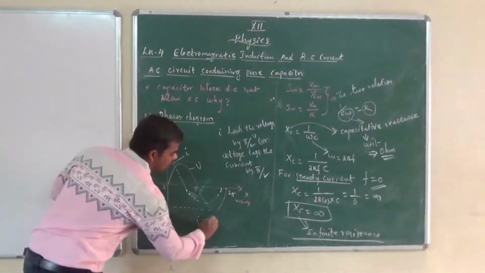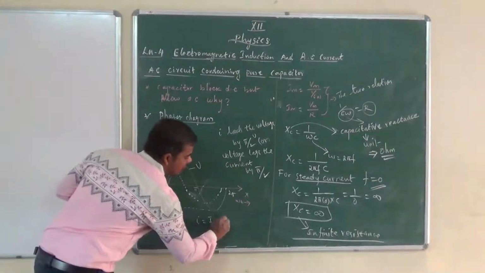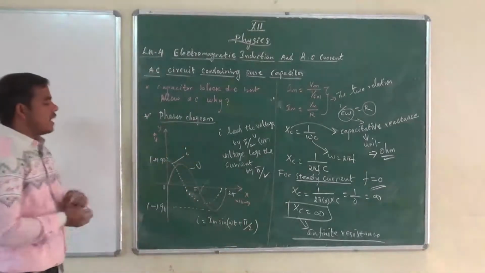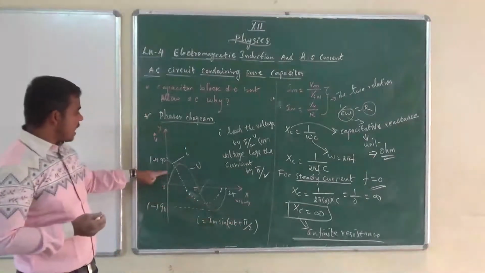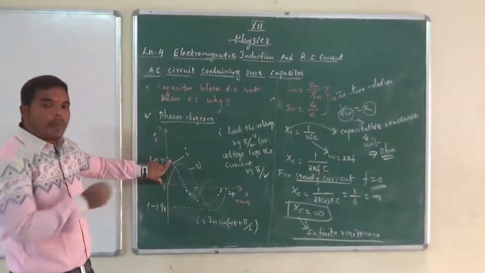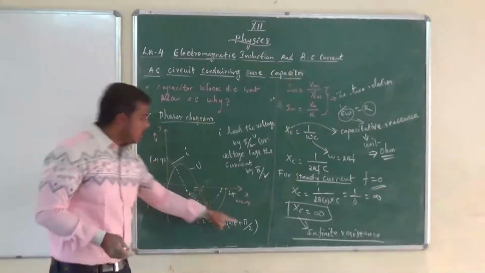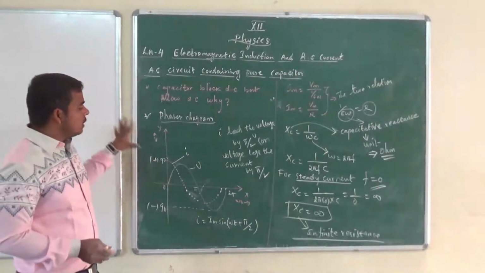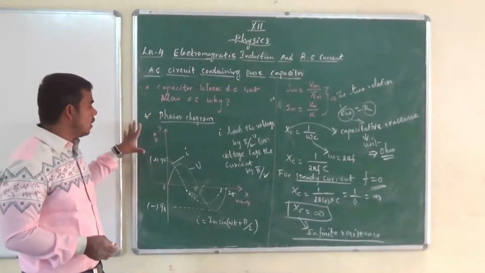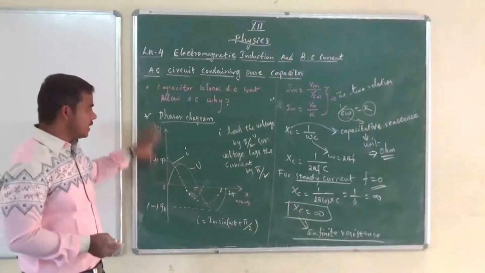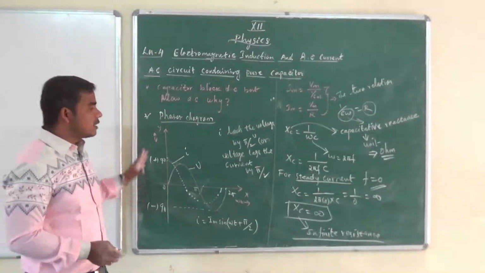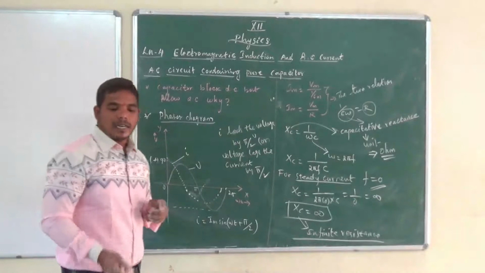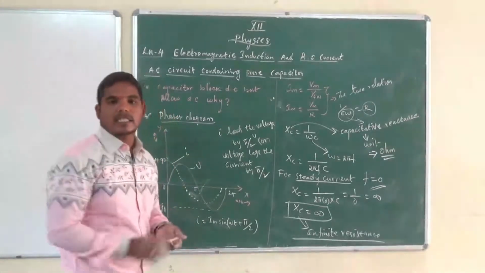I is equal to Im sin omega t plus pi by 2. Why is it plus? Because current leads the voltage, positive. That's why omega t plus pi by 2. So these are the very important explanations for the phasor diagram. We have discussed 3 cases: AC circuit containing capacitor, AC circuit containing inductor, AC circuit containing resistor.